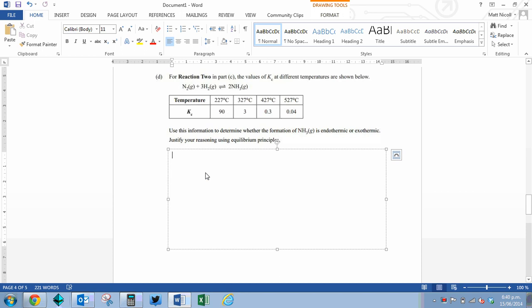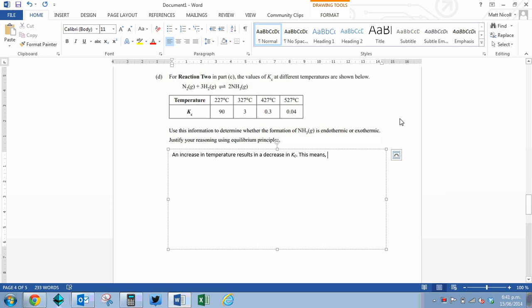Now if we see here, the Kc values are decreasing due to an increase in temperature. That's the relationship, so I need to say that. So an increase in temperature results in a decrease in Kc. This means, and this is the key thing for justifying, you need to say what that actually means.